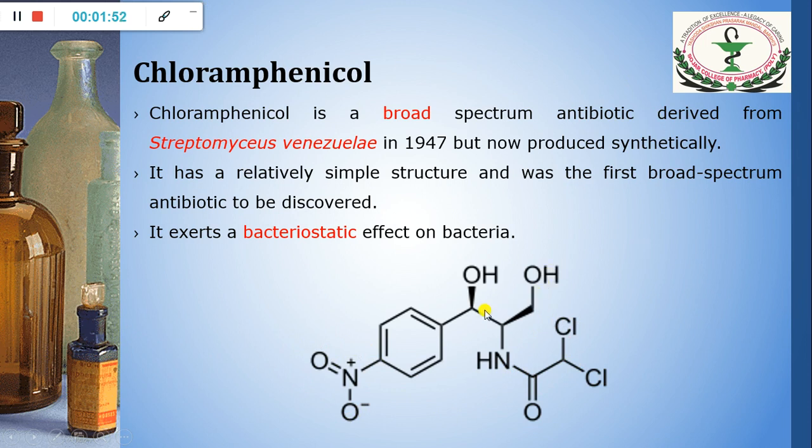There are two chiral centers, due to which there are four isomers of chloramphenicol. Out of that, the D-threo isomer is effective, or it has the antibacterial action. So this is the chemistry of chloramphenicol.